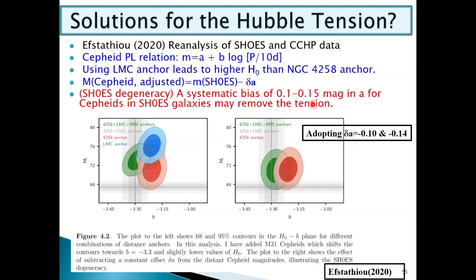The second question is, depending on how we measure H0, at which redshift, we may see a sliding effect. If we use more local data, we may get a higher value for H0. If we go to a bit higher redshift, we may get a lower value.